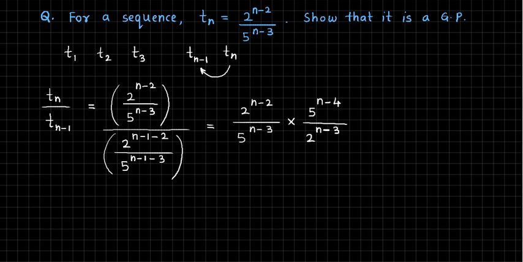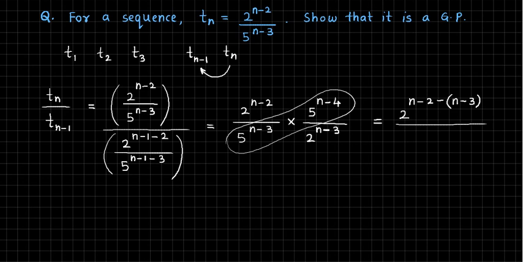Right? So therefore let's club the terms which have 2 as the base and write them in the numerator. So what happens is 2 raised to n minus 2, and from that the degree in the denominator gets subtracted, that is, n minus 3 will get subtracted, divided by, let's do clubbing of the terms which have base as 5 and write them in the denominator. So here it will be 5 raised to n minus 3 minus n minus 4.